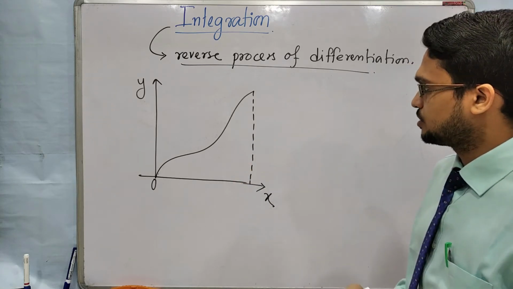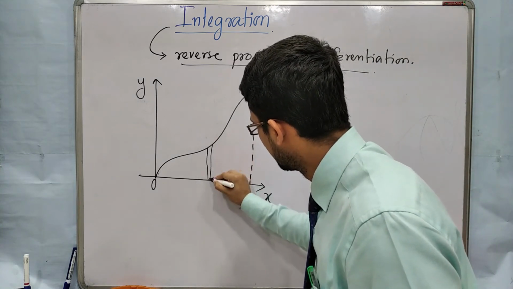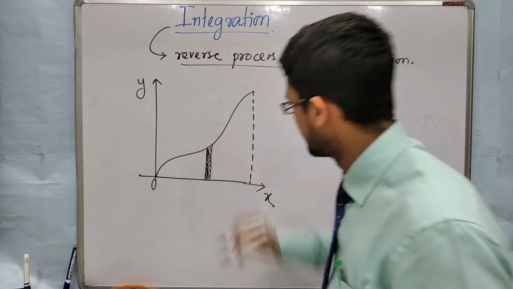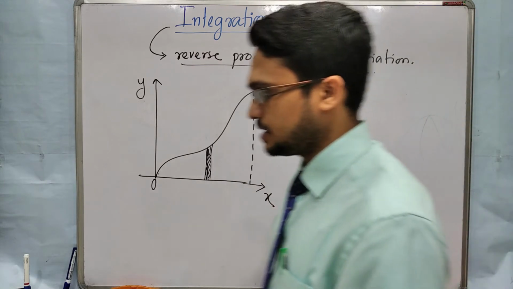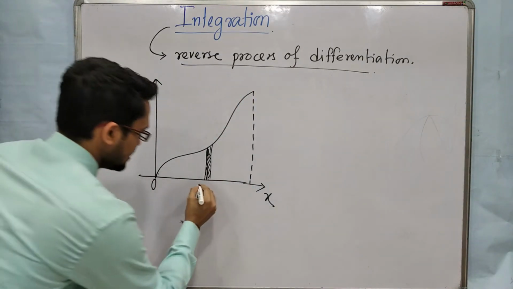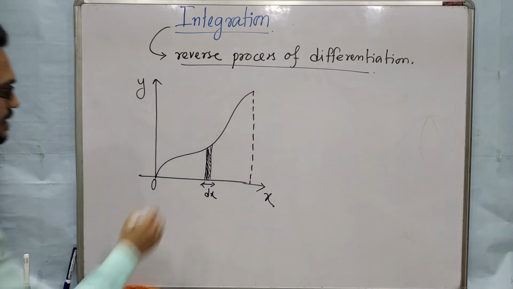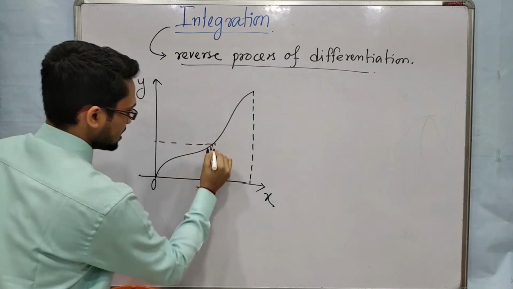In this case, what we basically do is take a small strip. Its width is very small, and a very small quantity is denoted by dx. Suppose its height is y1.